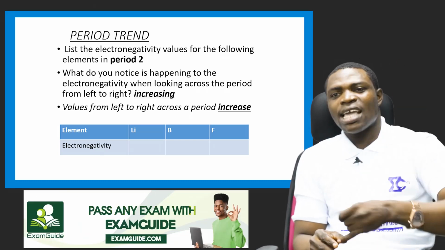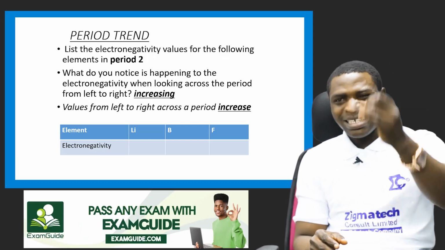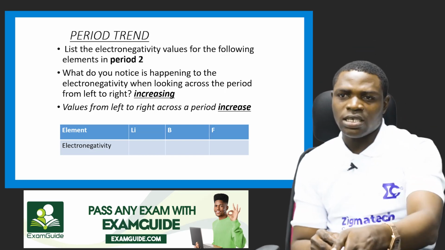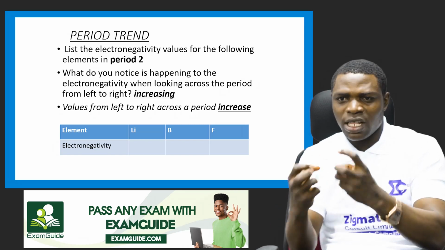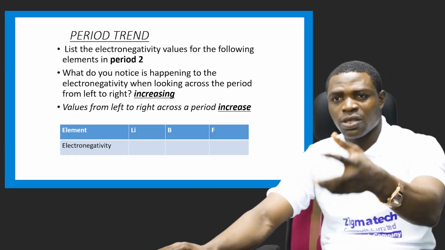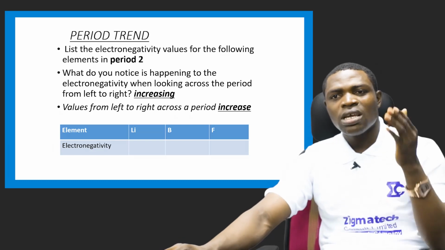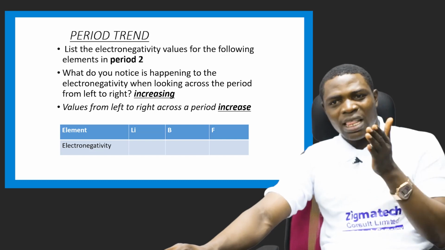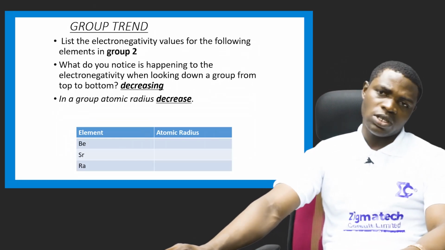It tends to lose electrons. It has the lowest capacity to receive electrons. Rather, it releases electrons instead of receiving them. So electronegativity increases from left to right across the periodic table.